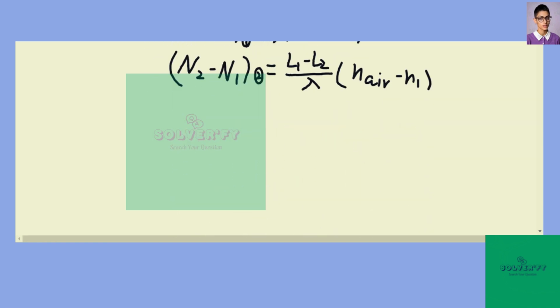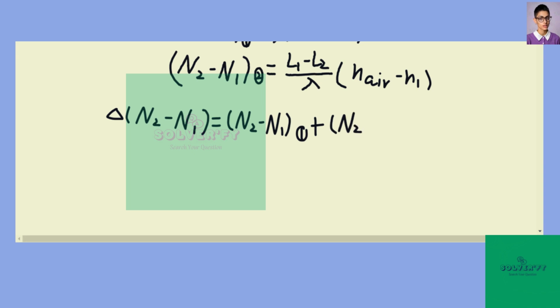So delta N2 minus N1 is equal to N2 minus N1 1 plus N2 minus N1 2.